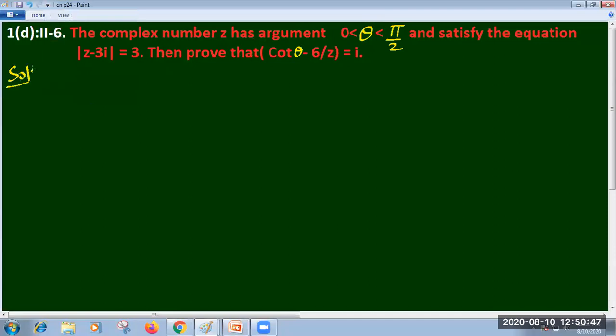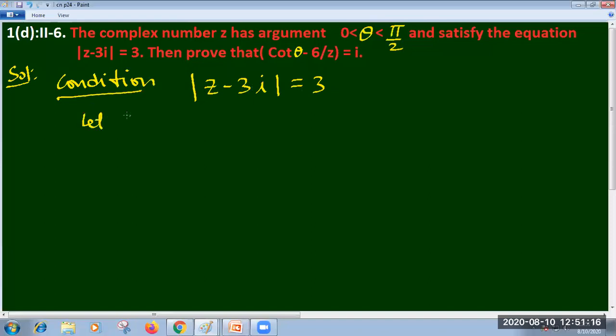First let us take up the given condition. Now the given condition is mod z minus 3i is equal to 3.